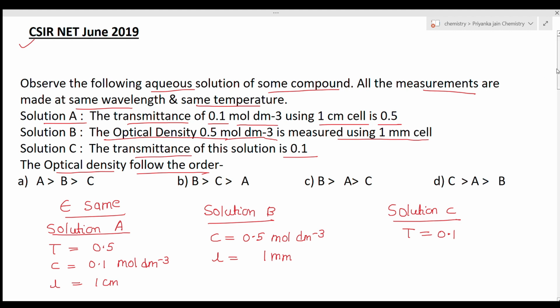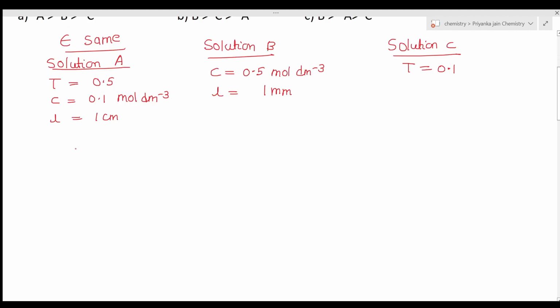Okay, let's do the question. Firstly, for solution A, we can find A very easily: A is the logarithm of 1 upon transmittance. If you know the formulas, you can do all the things in a very good manner. So this will be log of 1 upon 0.5, which is the logarithm of 2, equal to 0.3010.